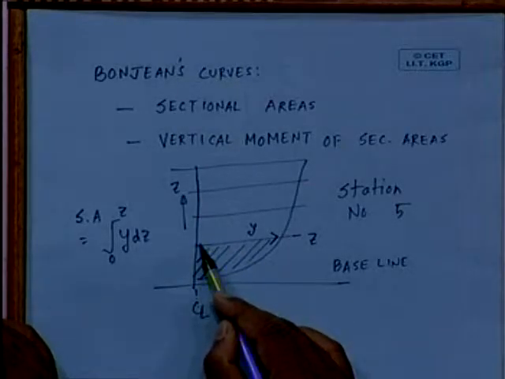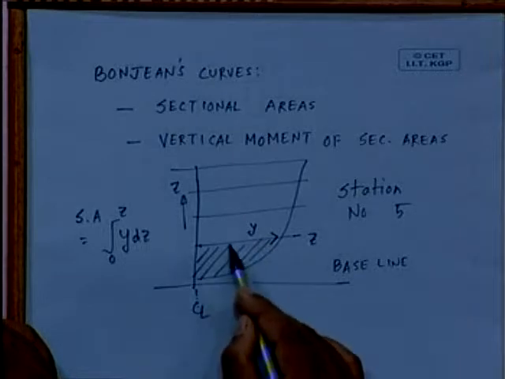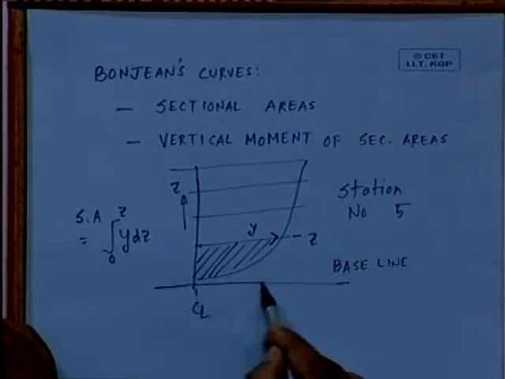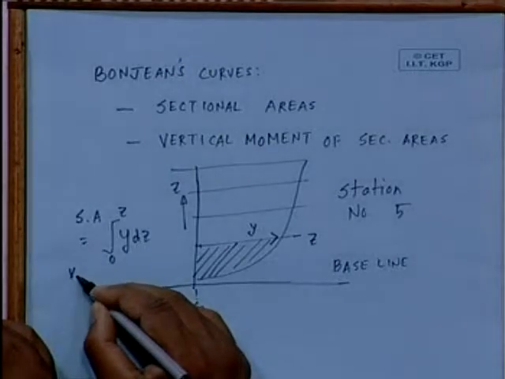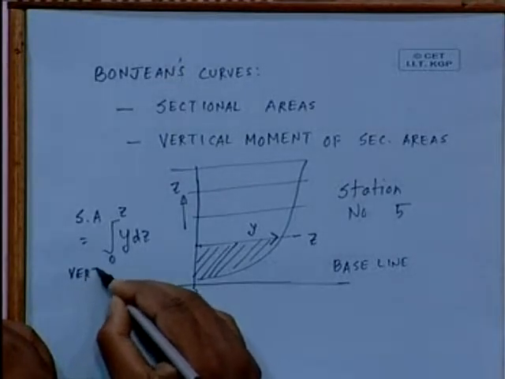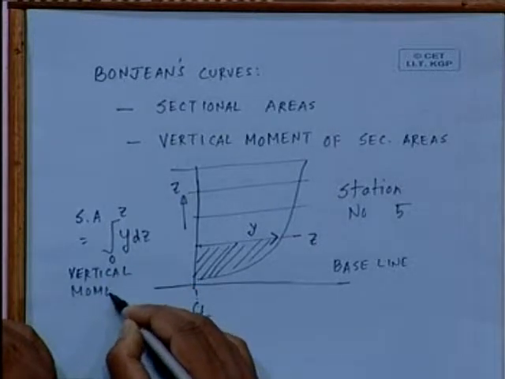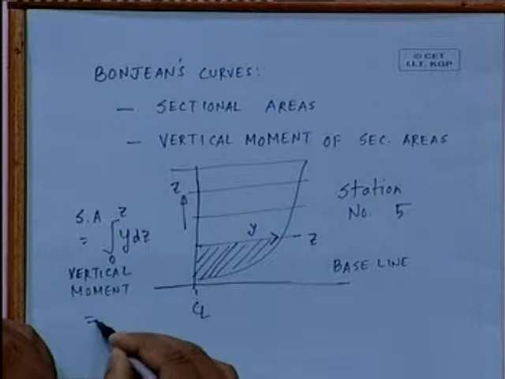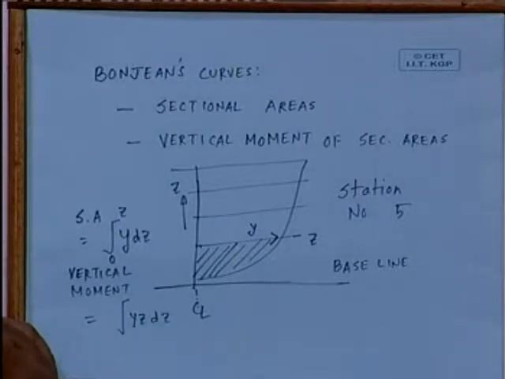For each water line, I require to find out section areas. Also, I need to find out the moment of this area about the baseline. Okay, that is, we can say vertical moment, which is given by the integral of y z dz.